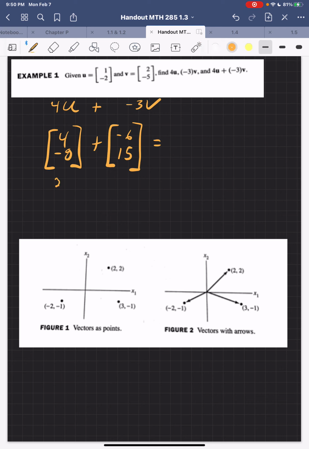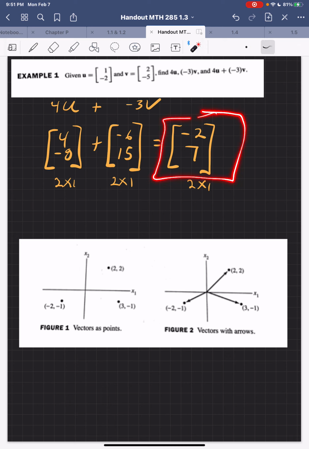But since this is a 2 by 1 and this is a 2 by 1, we can proceed to add these matrices, row by row. So this is going to be 4 combined with -6 gets us -2. And this is going to be -8 combined with +15, which is going to give us +7. And this is the result.